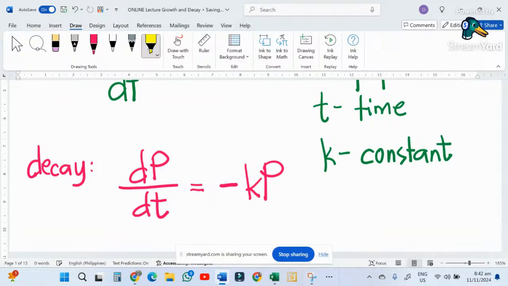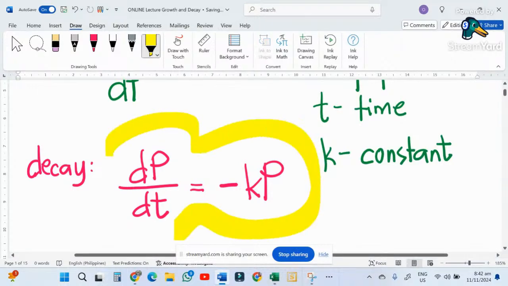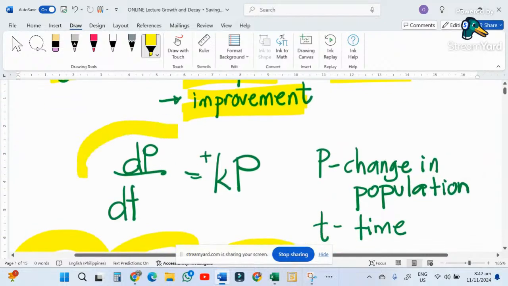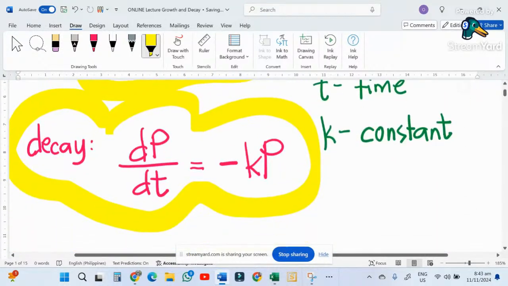That's the only difference. There's nothing more to add in here. A very straightforward application of growth and decay. So this is the positive one, and here is the negative. I hope this is clear.